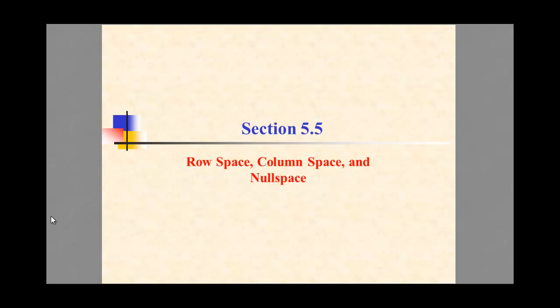So today we are going to discuss the row space, the column space, and the null space. These are the things we discuss today.